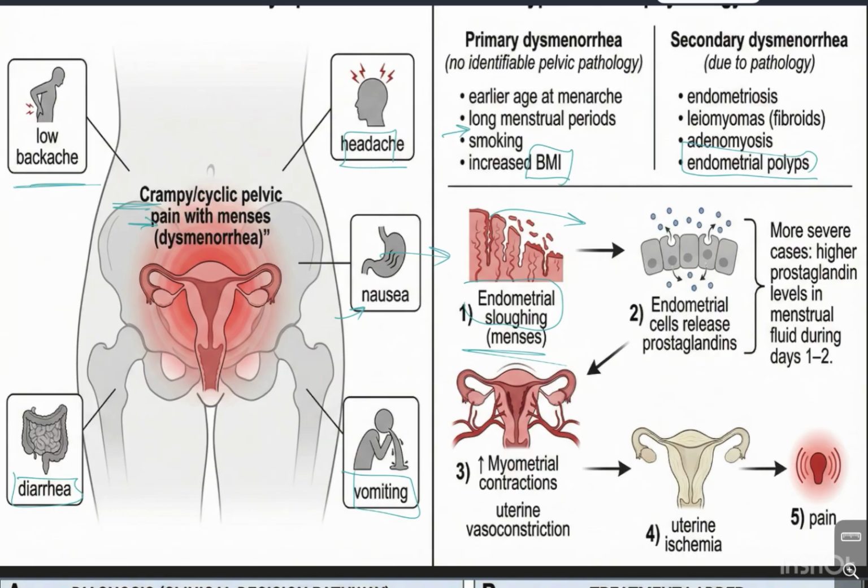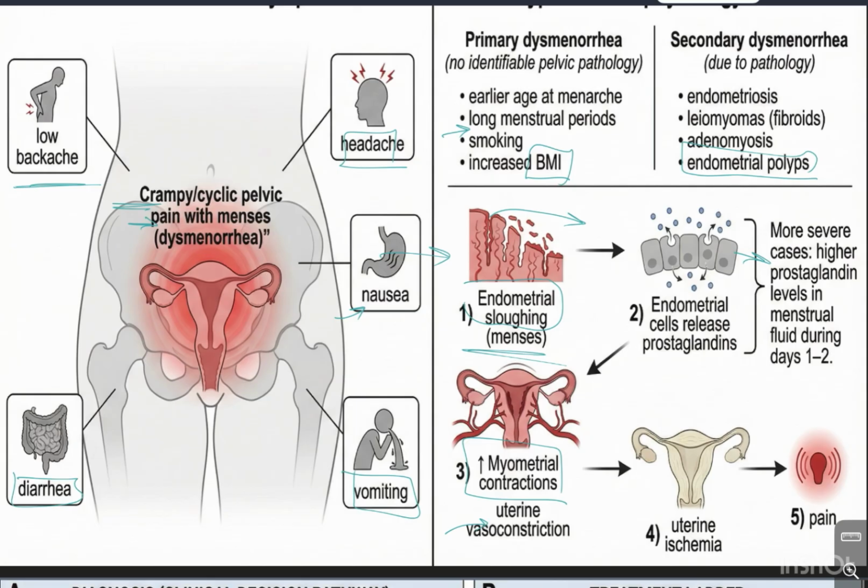This sloughing will release prostaglandin. Prostaglandin will result in inflammation and pain. We confirmed that by finding the prostaglandin level increased, at its highest level in the first 2 days of menses. That prostaglandin will result in myometrial contraction and vasoconstriction, ending up with uterine ischemia and pain.